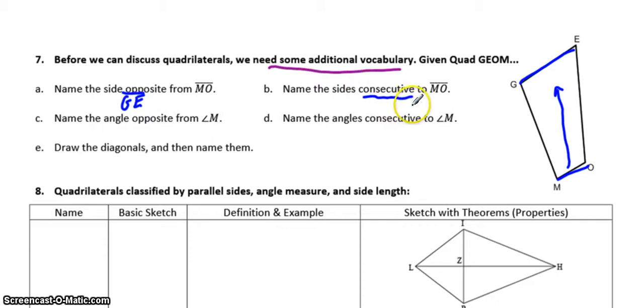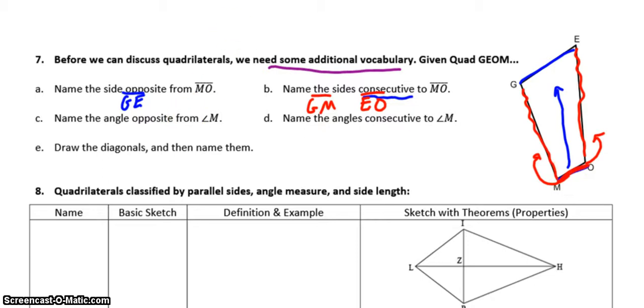Consecutive means one right after the other, or in order. So here's MO, again in red now. Consecutive means the sides that are right next to it, almost adjacent. So this side right here, GM, and this side right here, EO. So GM and EO, we would call those consecutive to side MO.